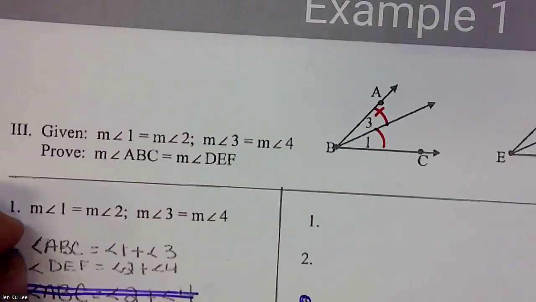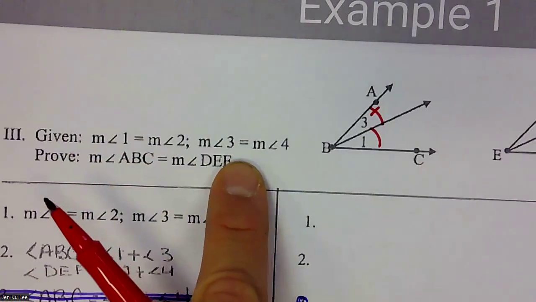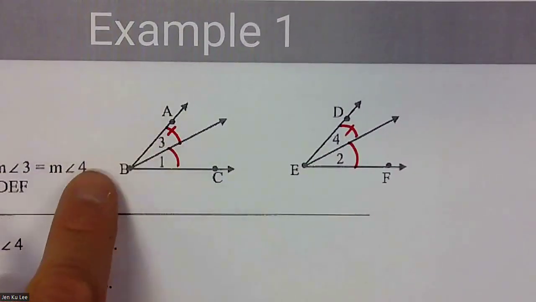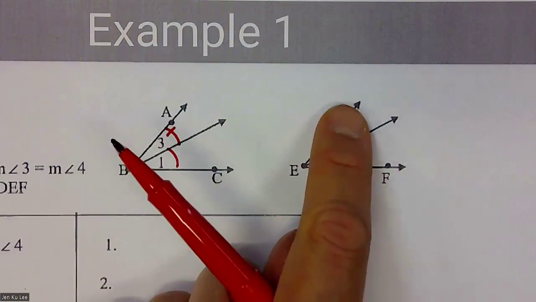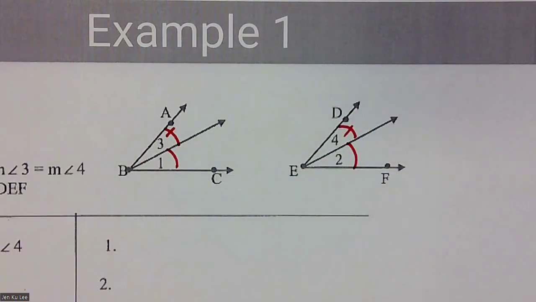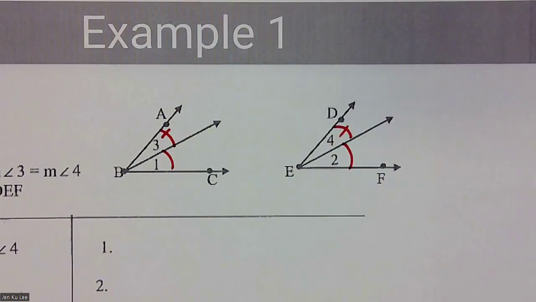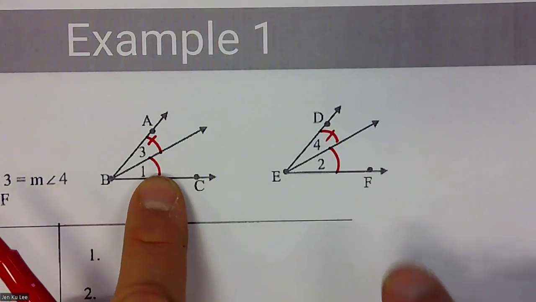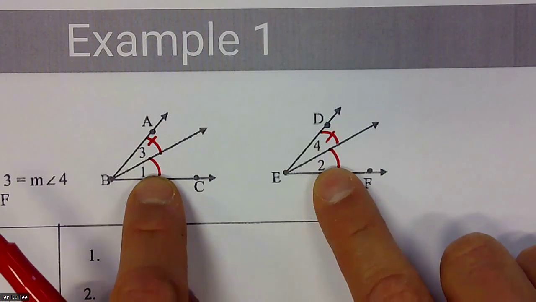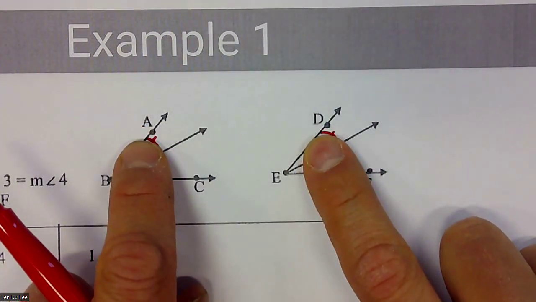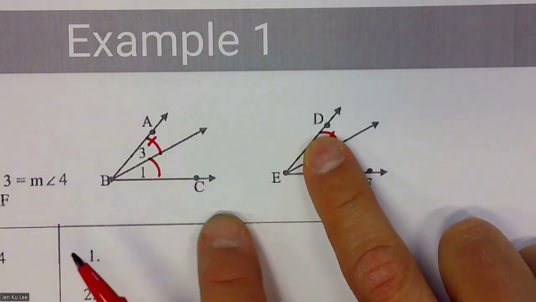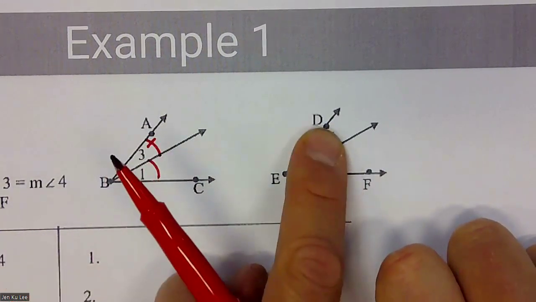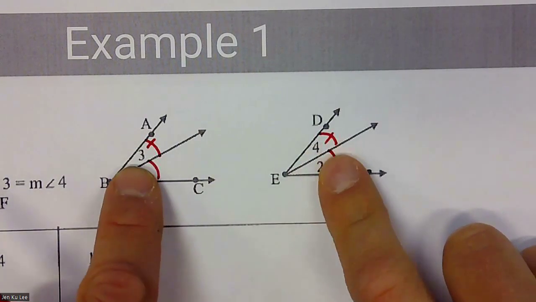So we're given that, and we have to prove that measure of angle ABC is equal to measure of angle DEF. Just by looking at this picture, are they equal? Yeah, right? If you add these guys up and add these guys up, they're going to equal the same thing.